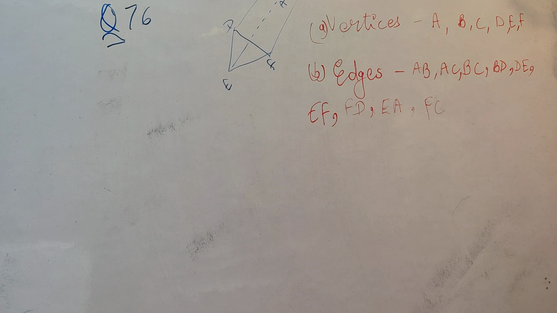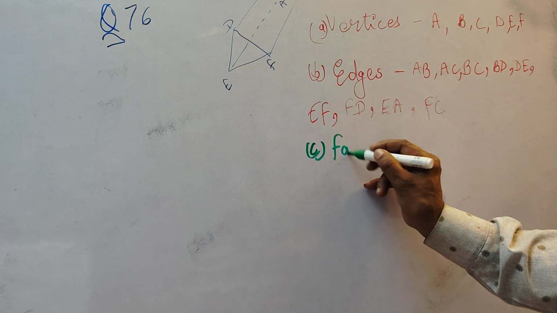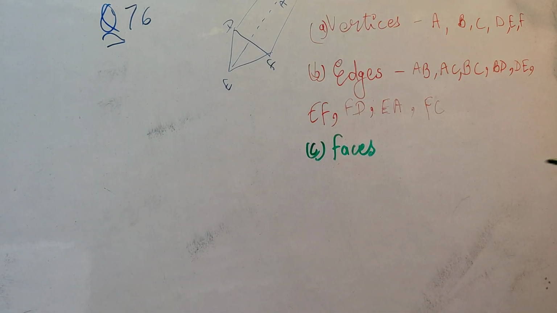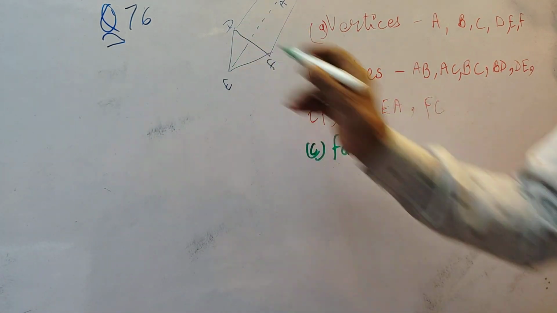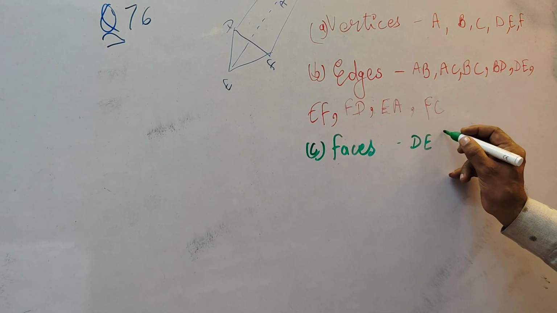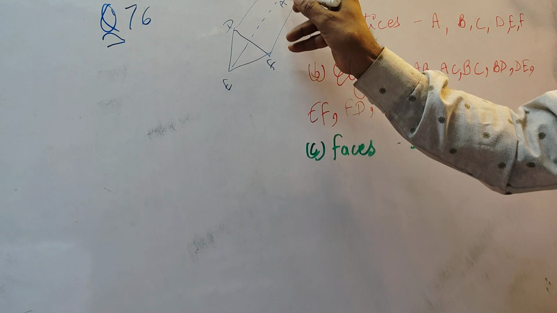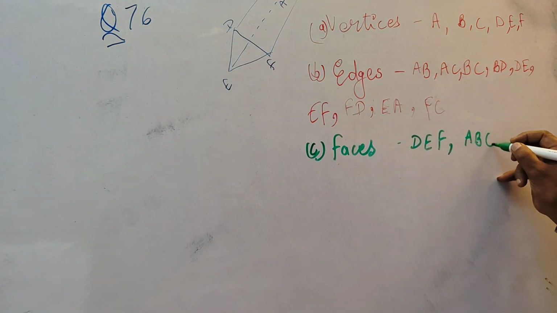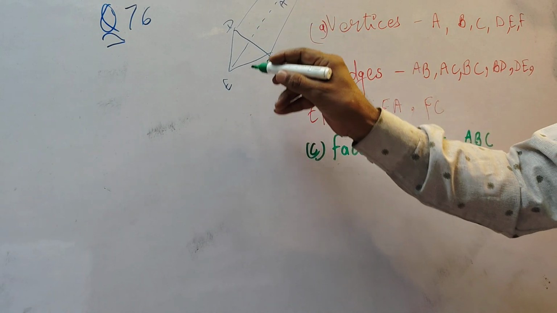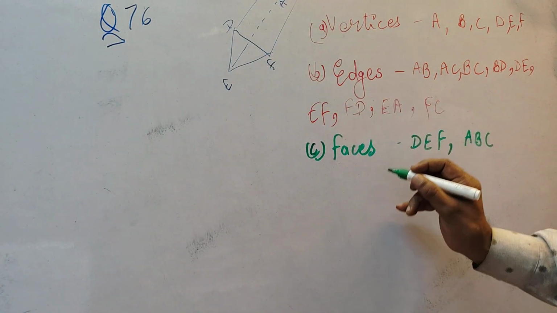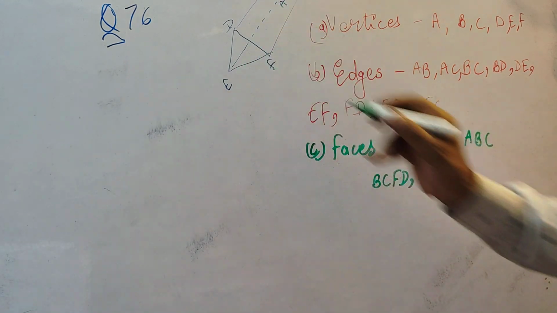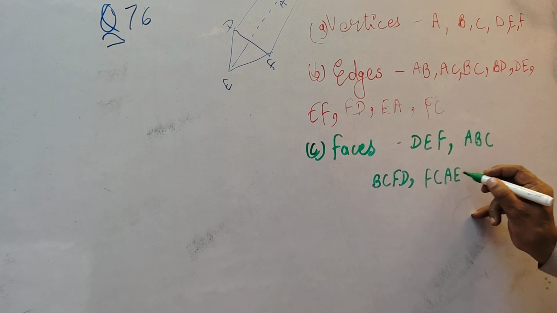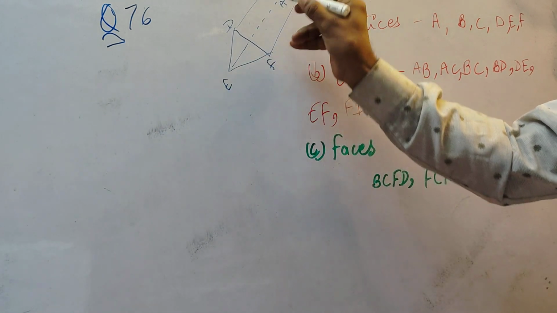Now part C is the faces of this prism. There are five faces: three are rectangular and two are triangular. The triangular faces are DEF, which is the first, and ABC. The rectangular faces are BCFD, then FCAE, and the third one, behind, EABD.